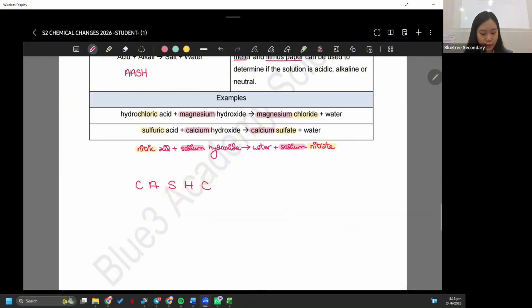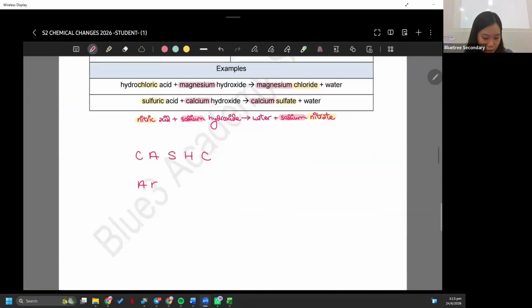Then lastly, our AaSH. What is the first A? Acid. The second one? Alkali. It gives salt and water. You notice all your MeSH, CaSH, AaSH have salt inside and acid inside.